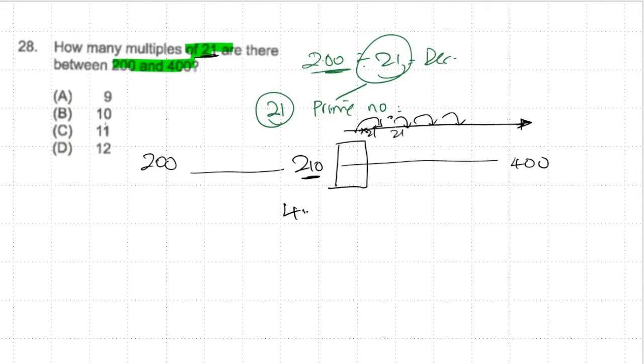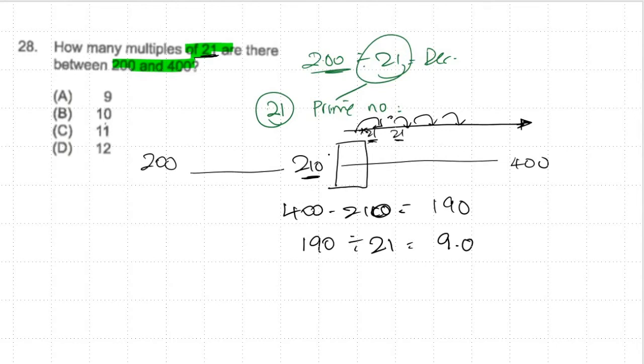So I use 400 minus 210. Okay, 400 minus 210 will give me 190. Because I don't know how many can be divided by 21, right? If 190 divided by 21, it will give me 9.0. Okay, is this the answer?